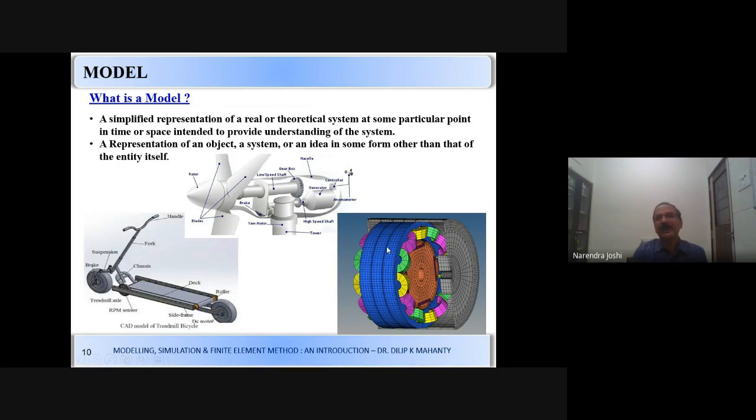Right bottom is a very interesting finite element model, which we will talk about in the last part. It shows an electrical motor, how the winding is arranged and how the parts interact. It is a very intricate model, and these are possible today. In the last three to four decades we could develop this kind of system. And let me emphasize here that our country has contributed enormously to the field of finite elements in the last quarter century or so.